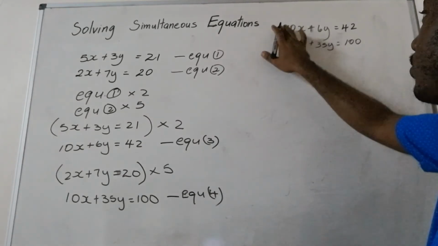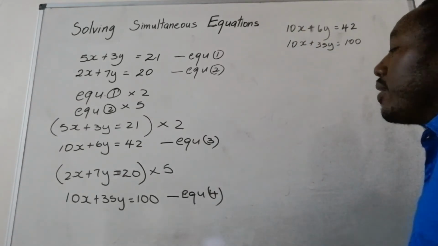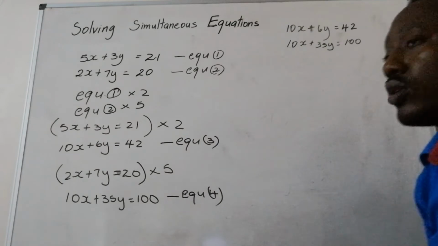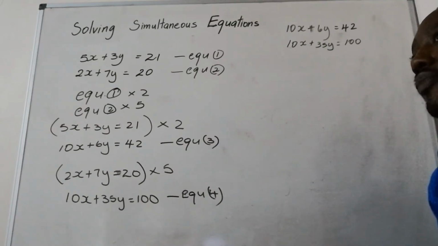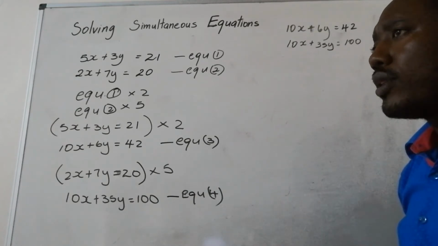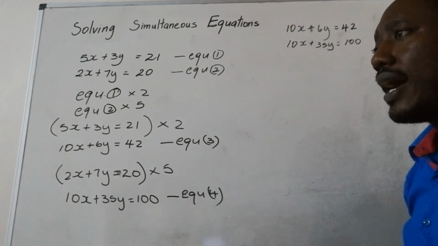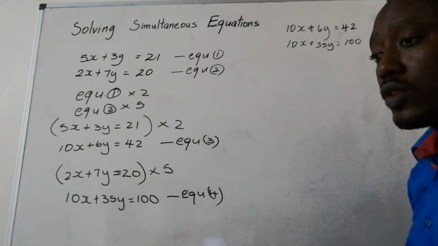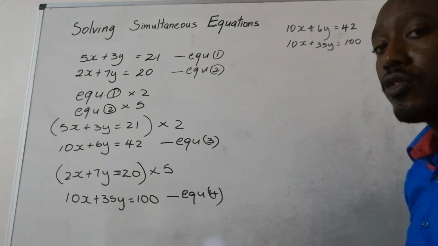Now, since both signs are the same, both of them are positive, note in our last example, both the signs were different, so we added them. So our signs are the same here, both of them are positive, so we will subtract them.